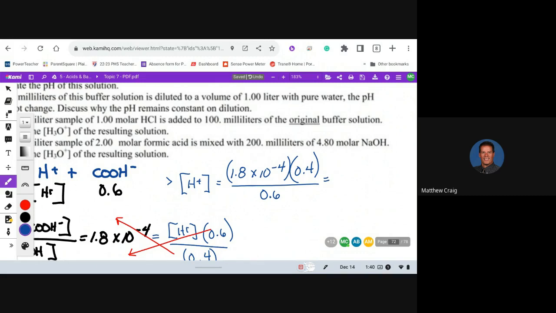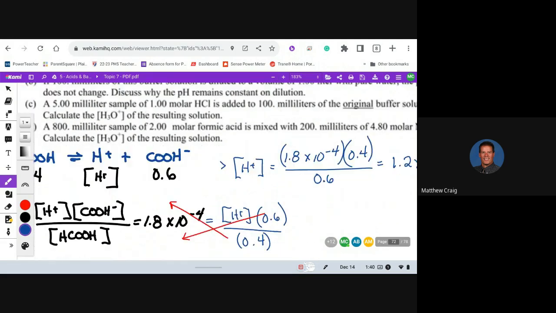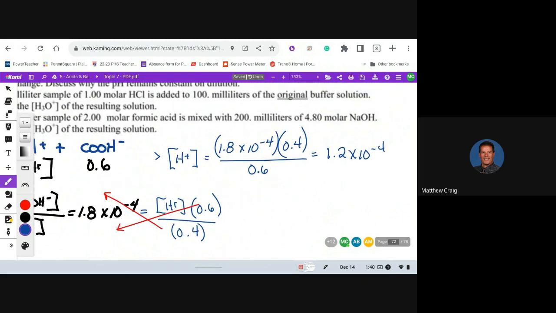All right, let's see. Let's zap all that. Okay. 1.8 times 10 to the negative 4 times 0.4 divided by 0.6 gives me 1.2 times 10 to the negative 4. Yep. And it wanted the pH, so of course pH is negative log of the hydrogen concentration.